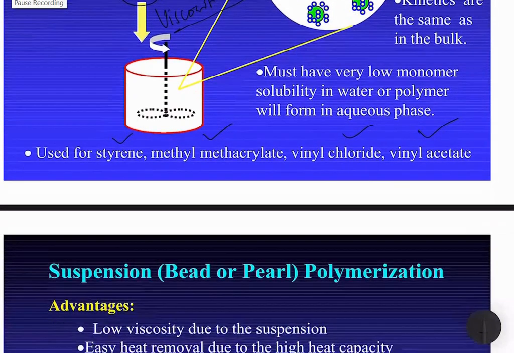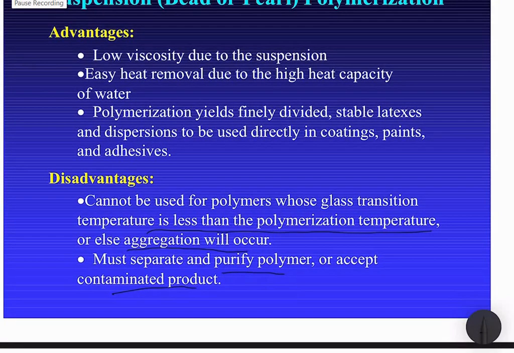In the latex form, if you have applications such as coatings, paints or adhesives, where the dispersed polymer is used directly, you can avoid the precipitation and directly use the post polymerization product, the suspended polymer or polymer latex. So you have that advantage as well, that the product you get in suspended form can be used for these applications.